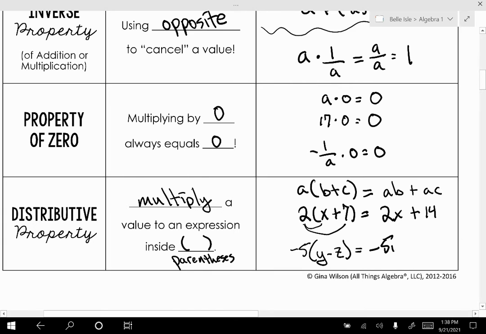Negative 5y plus 5z. Okay, so you have the negative 5, multiply it by y, you get negative 5y. You have the negative 5, you multiply it by the z. What do you have to attach to that z? The negative, okay? So it's got that little subtraction sign in front of it. So it's a negative z. Negative 5 times a negative z is going to be a positive 5z. Okay?